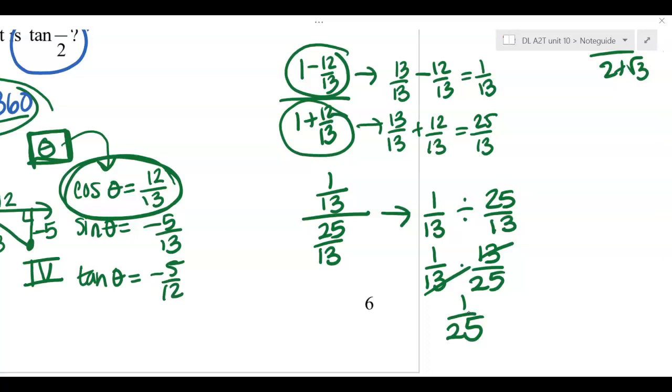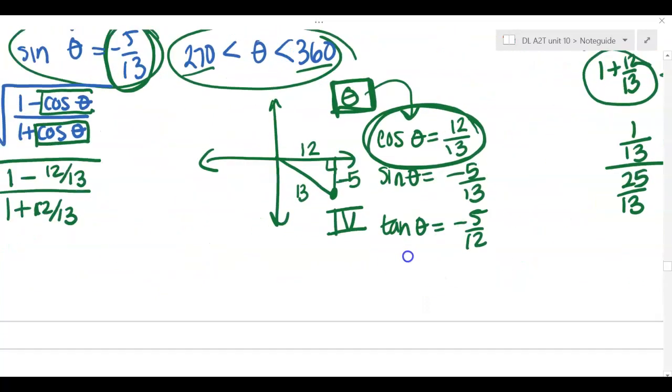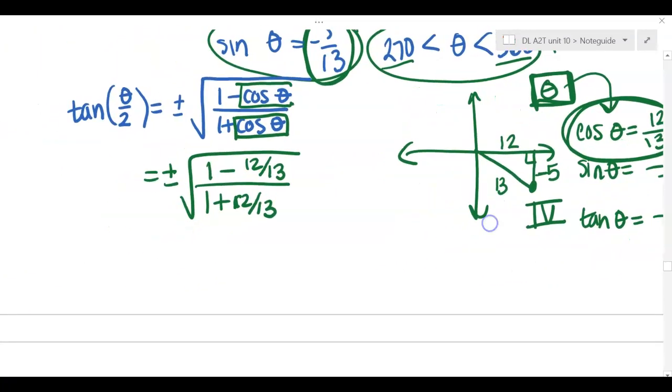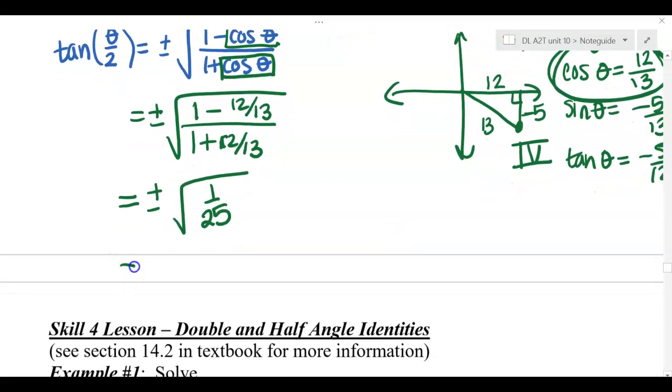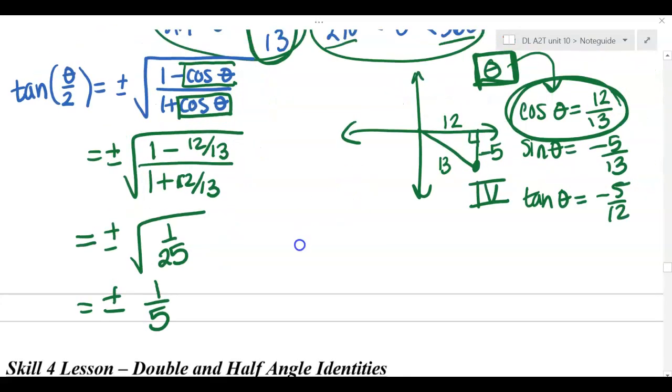So I'm going to plug that back in. This becomes 1 over 25. The square root of 1 over 25 is 1/5. So I have part of my answer.